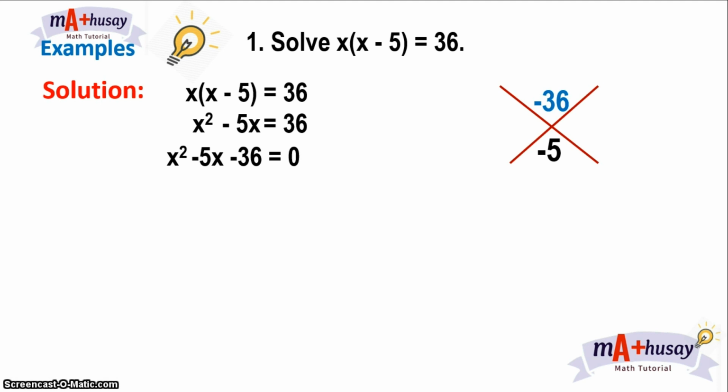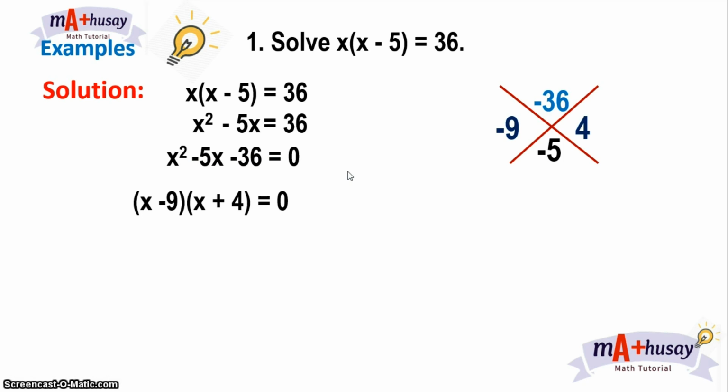So I have in mind is negative 9 multiplied with positive 4, because negative 9 times 4 will give you negative 36. Pero kapag in-add natin ang negative 9 at positive 4, that will give you negative 5. So the factors of x squared minus 5x minus 36 equals 0 is the quantity of x minus 9 times the quantity of x plus 4 equals 0.